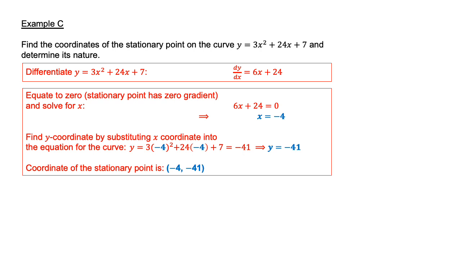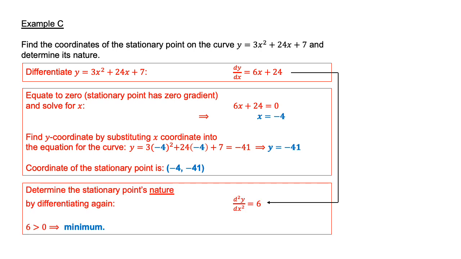Now, if you've got any experience at drawing quadratic curves, you will already know that a positive x squared is going to give us a parabola, a U shape. So we know just from experience that it is a minimum stationary point. But that's not enough in mathematics. We actually have to prove this.